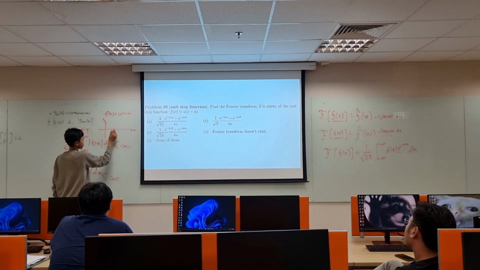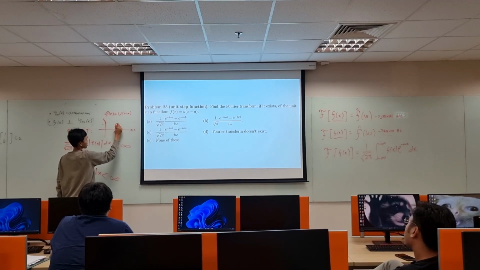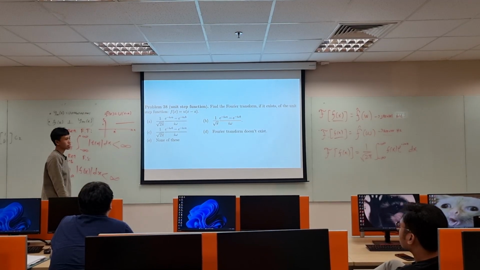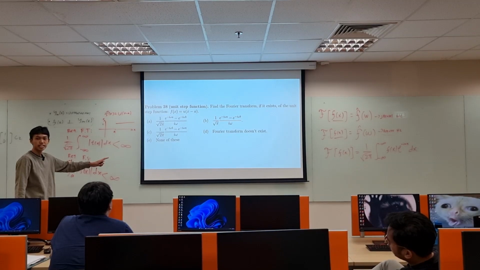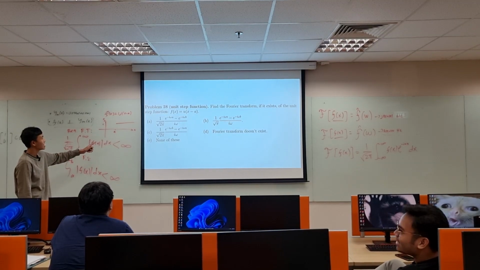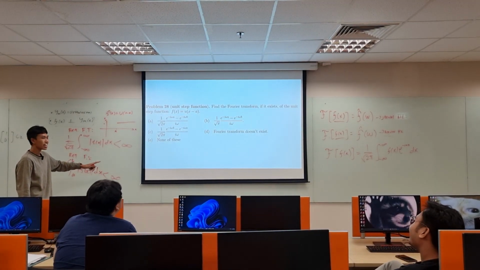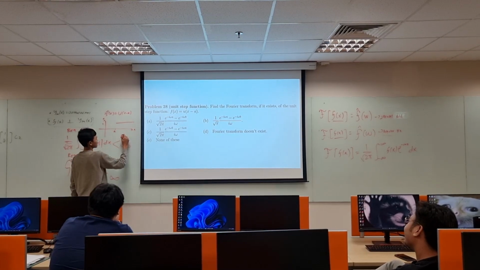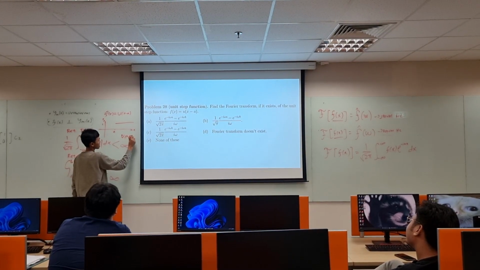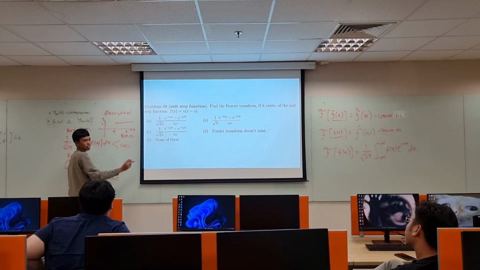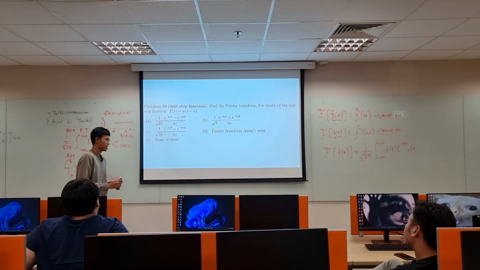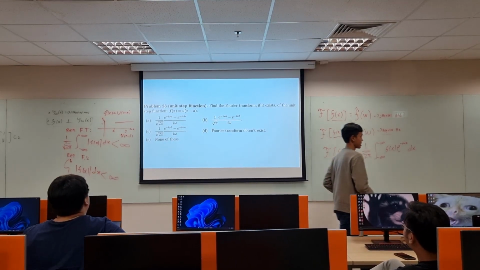If a is 0, at 0 it's 1. The unit step function, you forgot. u(x minus 5): at 5 it turns on. Sorry.